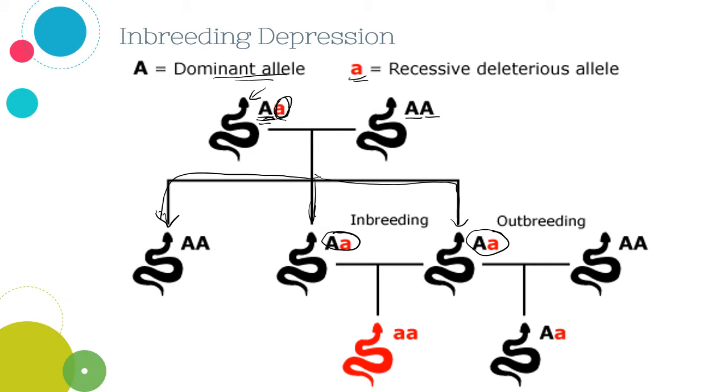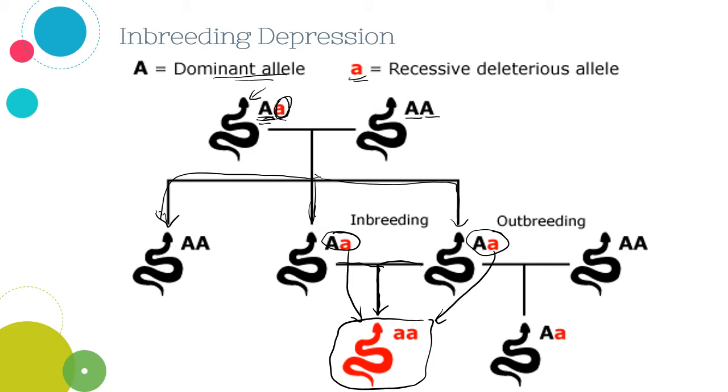It might be likely that these two siblings end up mating with each other. And just by chance, this offspring ended up inheriting both of these broken copies. So its ability to survive and reproduce is going to be impacted because it doesn't have this functioning product that it's supposed to make for its normal function.